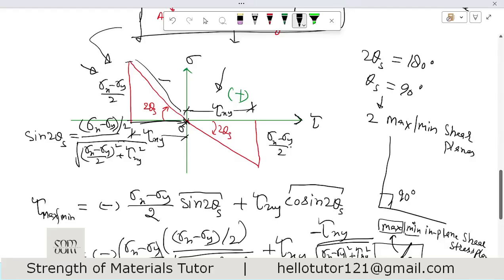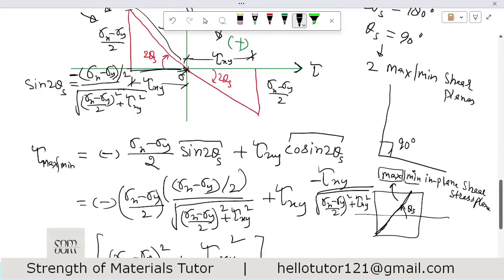So this thing is negative here, okay? So sine of 2 theta s is going to be what? Perpendicular. So right here it is going to be negative, okay? So I will write here negative, okay.